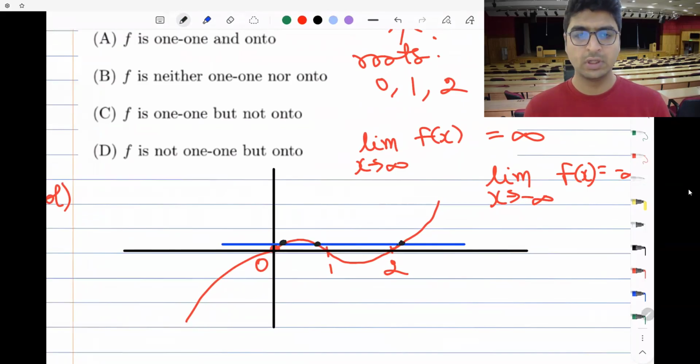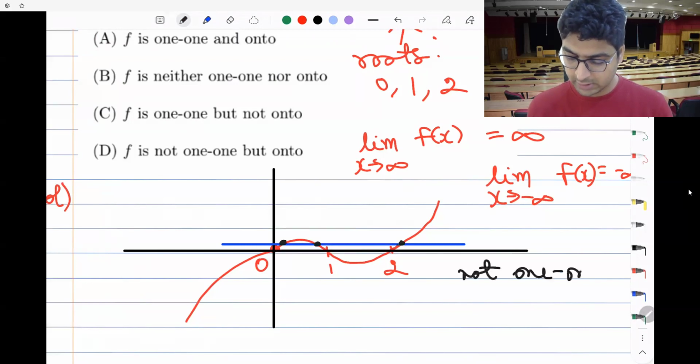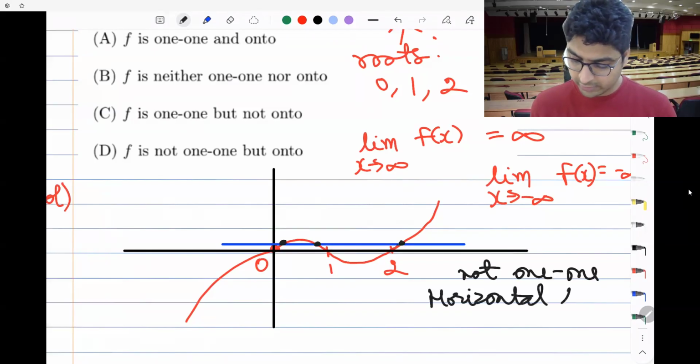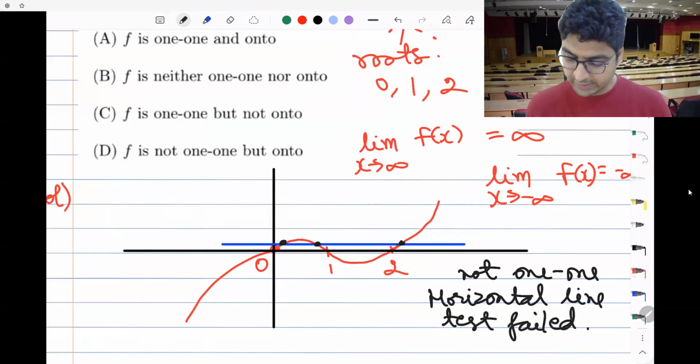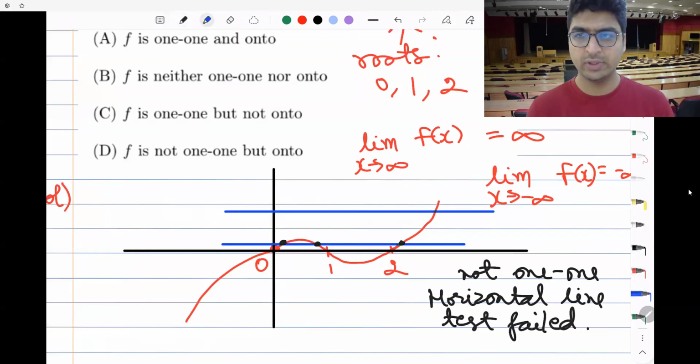This is more than 1. So that's a problem. So it's not 1-1. Okay, so it's definitely not 1-1 because it has failed the horizontal line test. Well, you can say कि यहाँ पर तो horizontal line test पास हो रहा है, so that's right, but it should hold for all y.